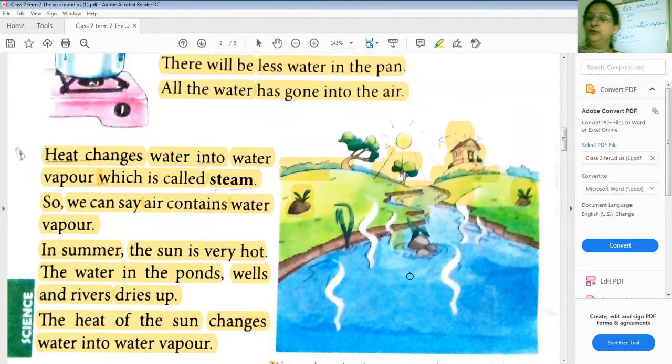Here I want to tell you a small story. When I went to my village in the rainy season, the pond was full of water. But when I went in the summer season, I didn't see any water in the pond. Why do you think? Because of the heat of the sun, the water from the pond evaporated.